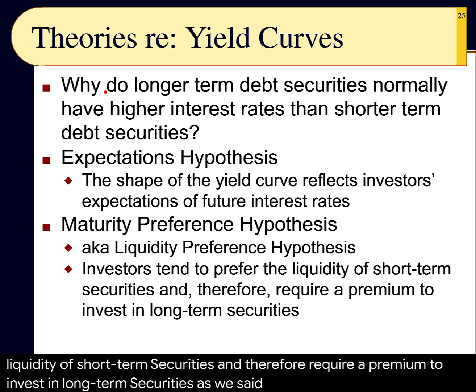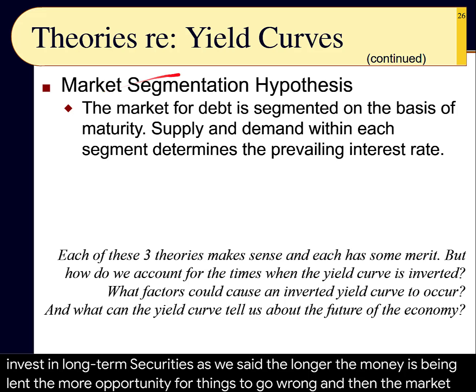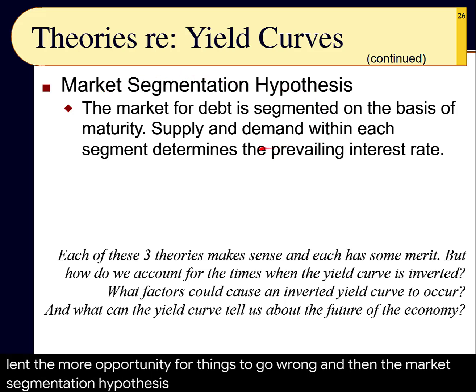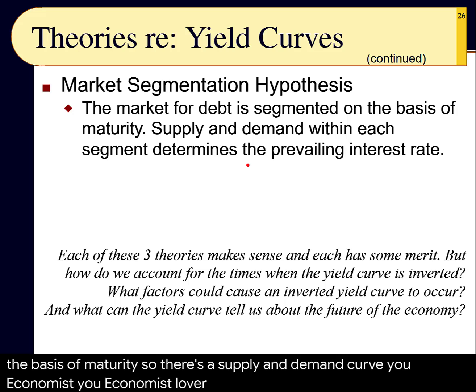As we said, the longer the money is being lent, the more opportunity for things to go wrong. And then the market segmentation hypothesis says that the market for debt is segmented on the basis of maturity. So there's a supply and demand curve, you economist lovers, within each segment determining the prevailing interest rate.